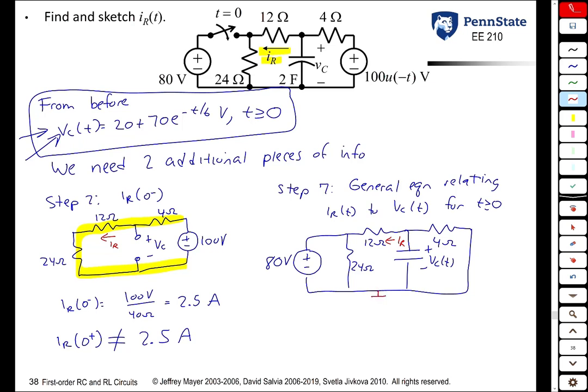If you call ground down there, the voltage at this point is Vc of t, which once again we have. The voltage at this point is 80 volts. So it's actually trivial to find this general equation. IR of t from Ohm's law is just the voltage at the coming from point, which is Vc of t, minus the voltage at the going to point, which is 80 volts, all over the resistance, 12 ohms. And once again, this is valid after the circuit changes at 0.